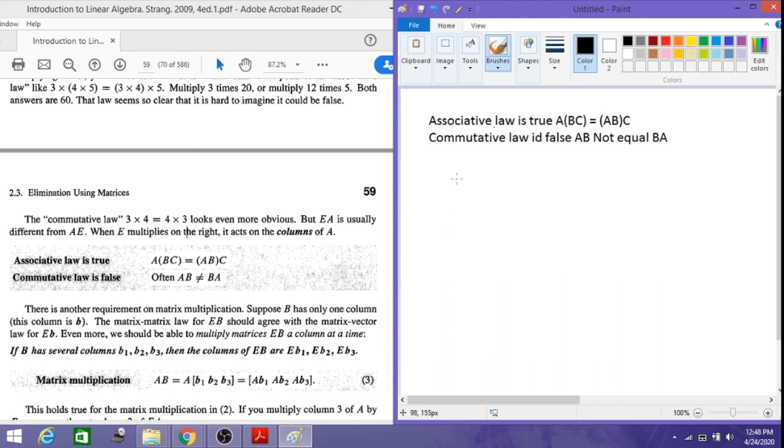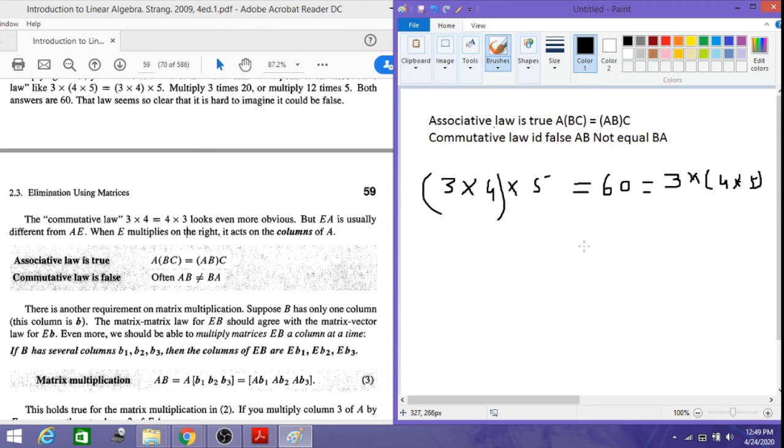So it means that let's take an example. For example, we have the three values of 3, 4, 5. If you multiply 4 into 5 and then multiply with 3, I'll get it as 60, which is same as 3 into 4 into 5. It means first I multiply 3 with 4 and then multiply that result with 5.